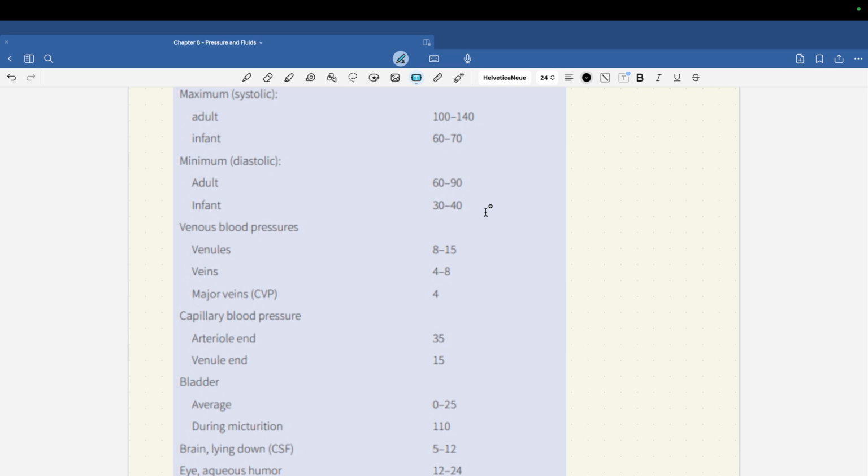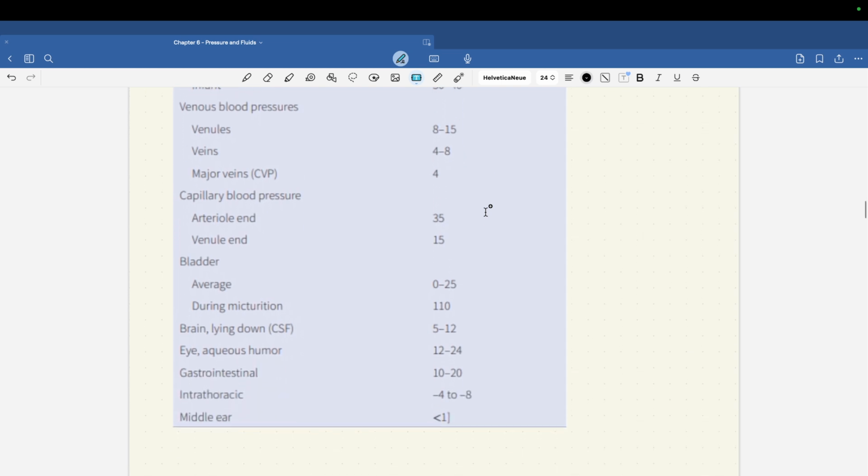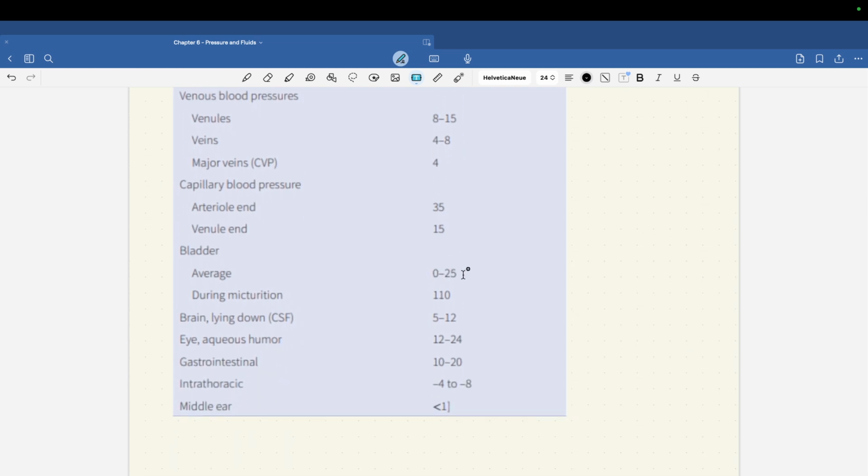We see the blood pressures in the veins, in the arteries, in the bladder, 0 to 25, and then in the brain, 5 to 12, in the eye, the gastrointestinal pressure, the pressure in the middle ears, very small, less than 1. Now, all of these units are in millimeters of mercury.